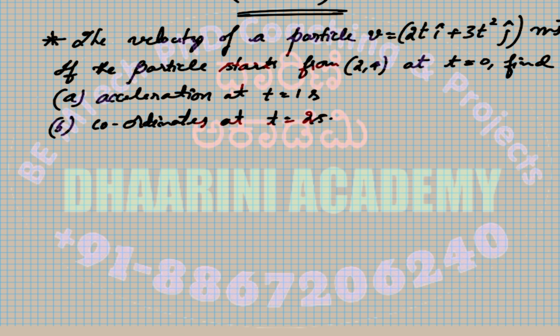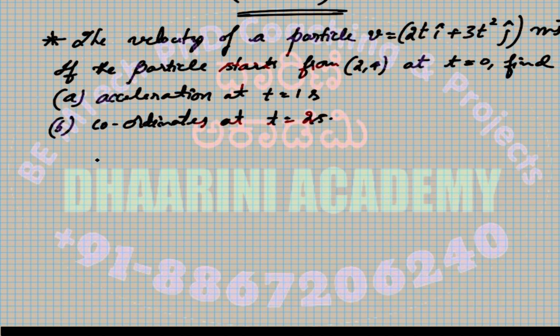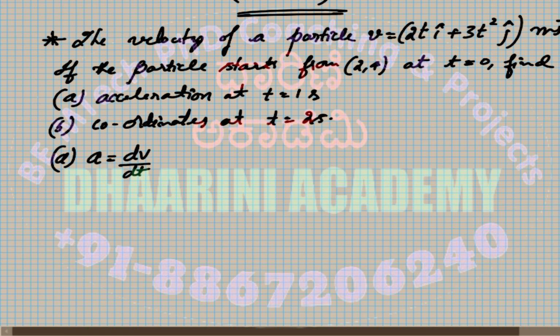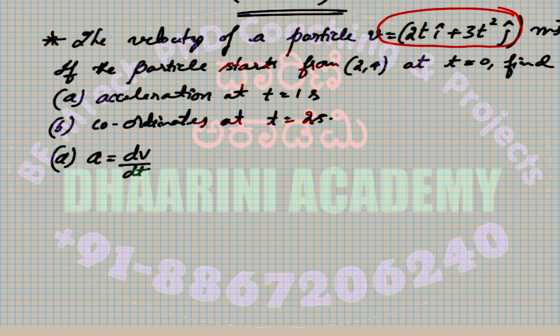Okay, so the velocity has been given, and the first part of the question is to find its acceleration. This is the answer to part A. So acceleration a is equal to dv by dt. Since v is a function of time, you can see there is t and t square given, which means it is a function of time.